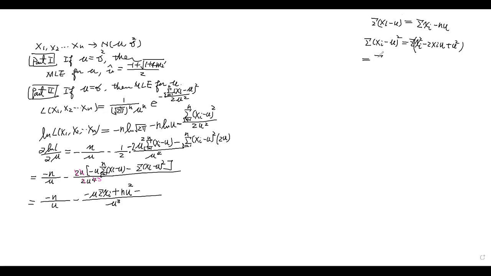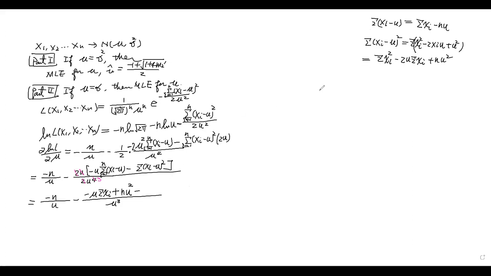So this one will be the summation of xi squared, then minus 2 mu summation of xi, then plus n mu squared.